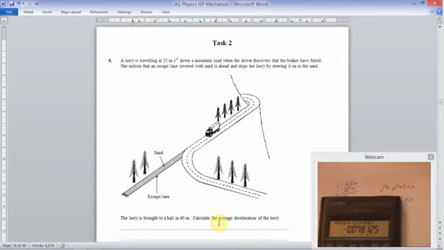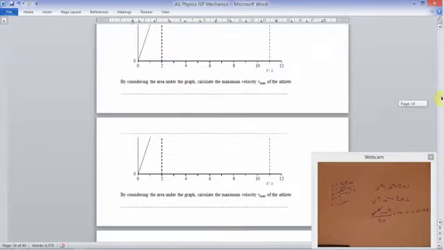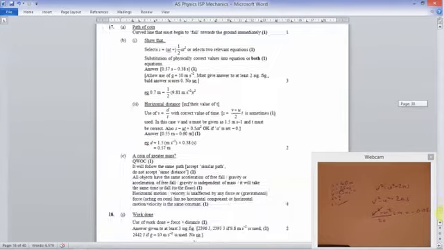So you end up with about minus 0.08 meters per second squared. So for 40 meters, it's 0.08 meters per second squared was the average deceleration of the lorry. We'll just double check that by looking in the mark scheme.